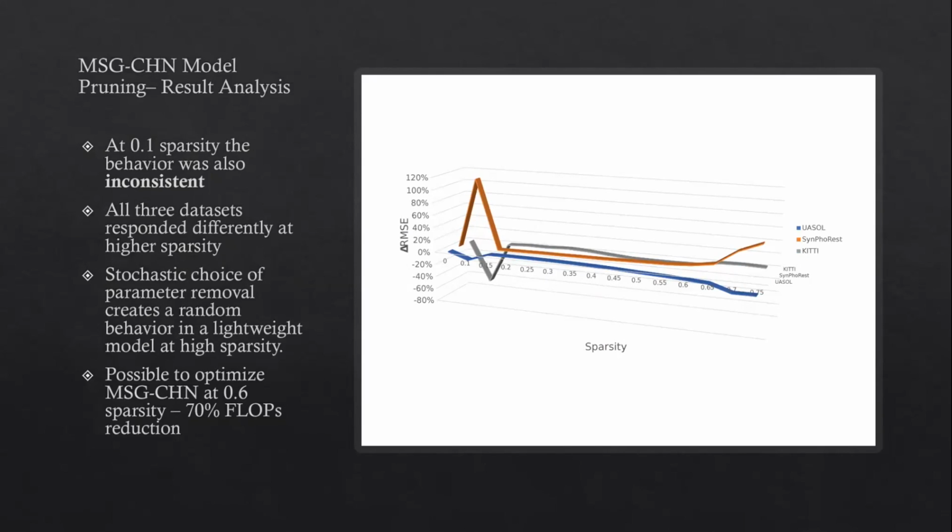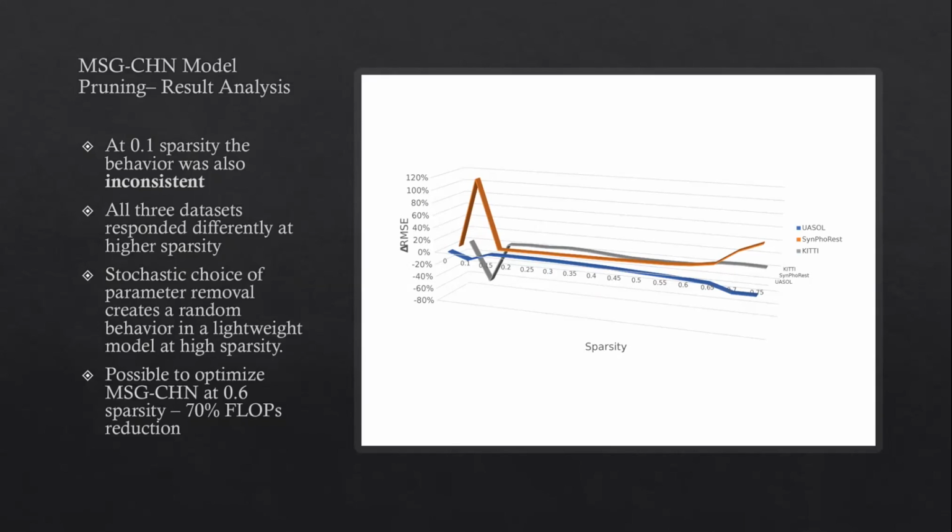For the MSG, it behaves inconsistently at 0.1 sparsity. USO and KITTI improved results, while again the synthetic decreased by 113%. Since it's a lighter weight neural network, increasing the sparsity actually changes a lot. The more we increase the sparsity, the more we can see the results change depending on the data set.